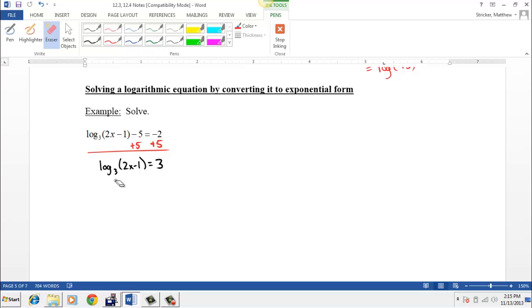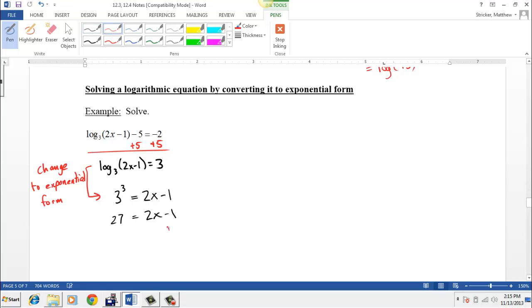But what I can do here is change to the exponential form. This is one of the things you're just going to need to remember: when you get stuck with logs or exponents, try changing to the other form. If I do that, I see the base is 3 and the power is 3, so I have 3 to the third power is equal to our argument 2x minus 1. How easy is this to solve? 3 cubed is 27.